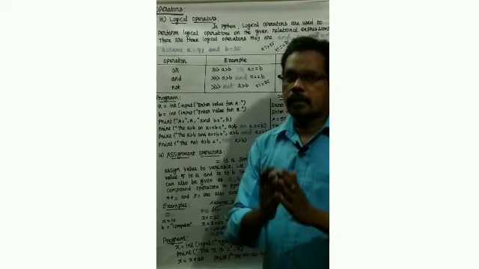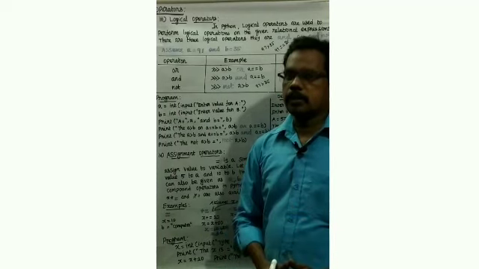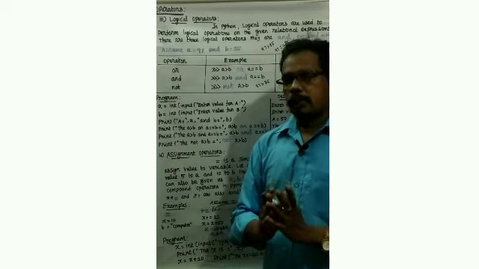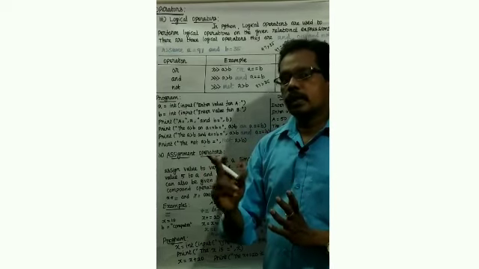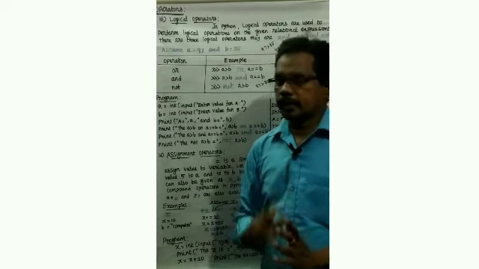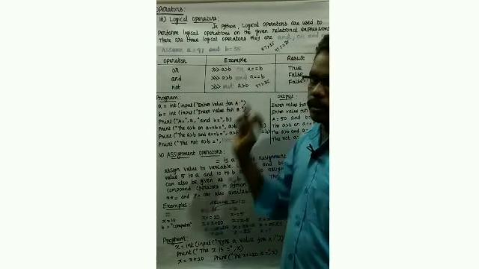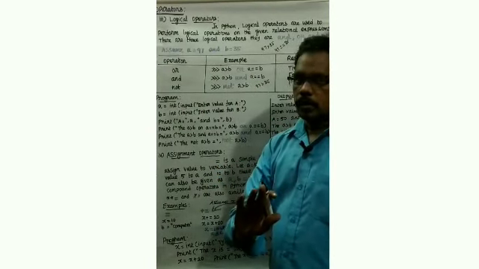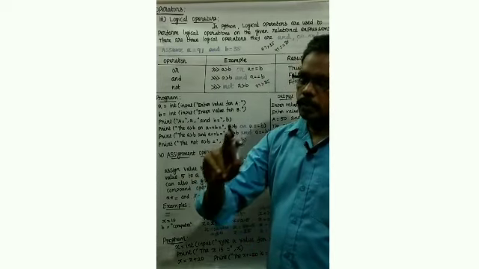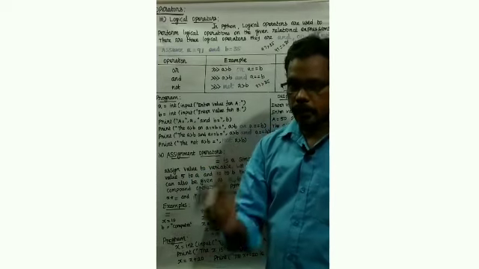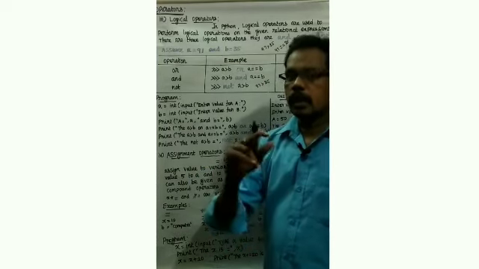What is the main advantage of the logical operator? A relational operator is used to set only one condition at a time. For example, A greater than B is one condition. If we want to check more than one condition at a time, we can use the logical operator.